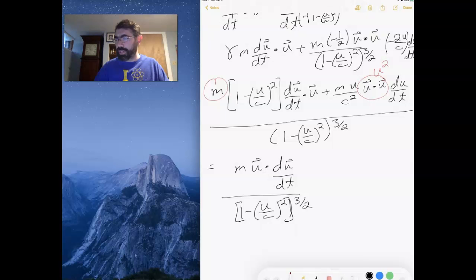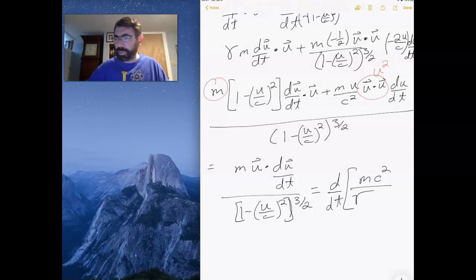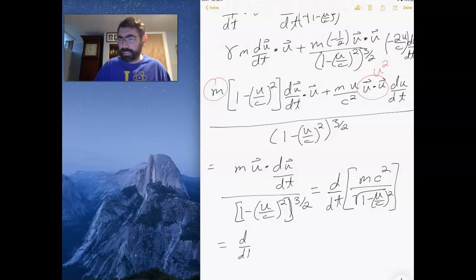So when you work it out, you get this result, which I can then rewrite as the derivative with respect to time of mc squared over the square root of 1 minus (u/c) quantity squared. So you basically reverse the chain rule, and what you get is this. Now that is d/dt of gamma mc squared, which is the total energy.